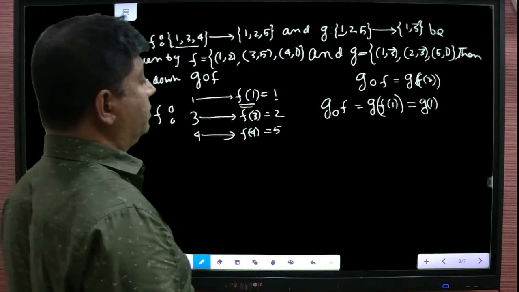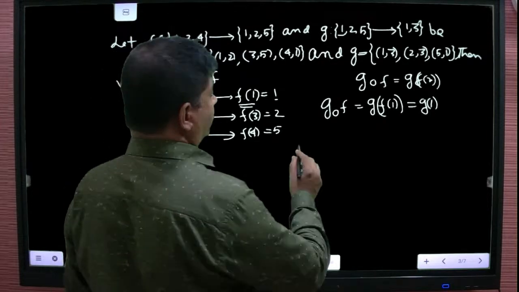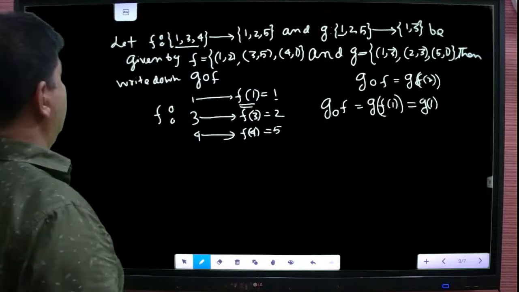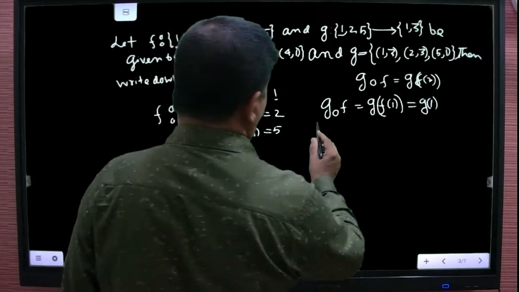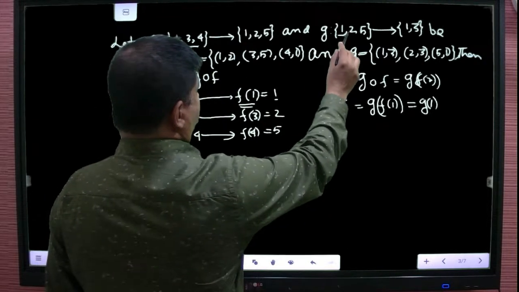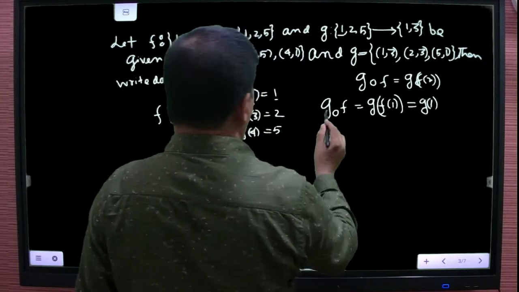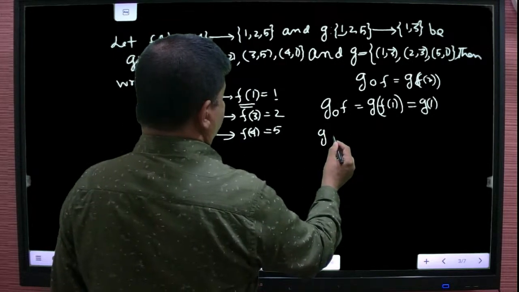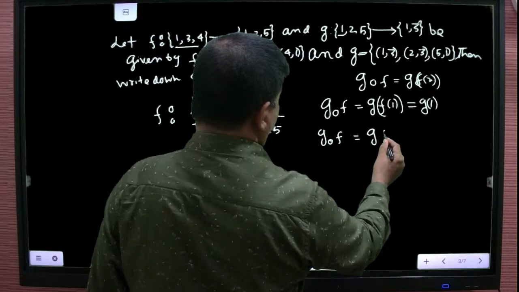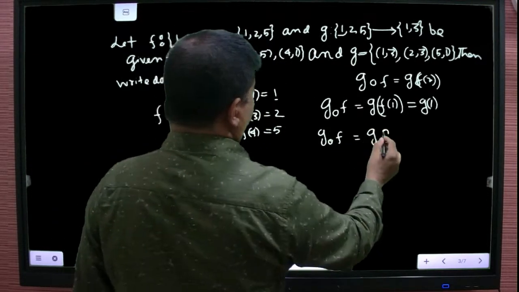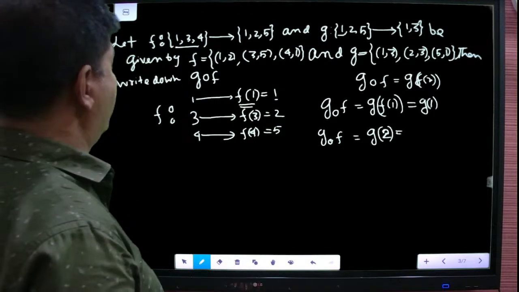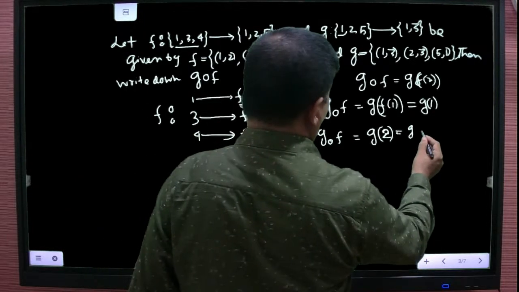G of 2, GOF, g of 2. What does it mean? g of F3.